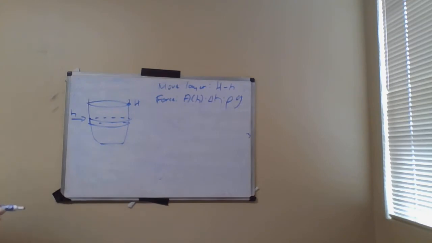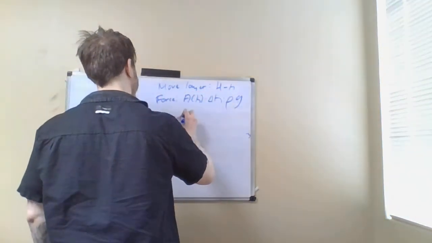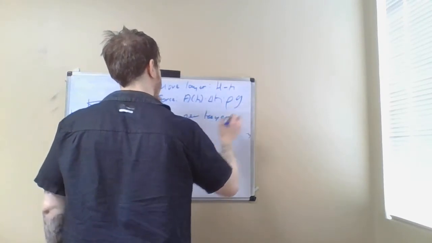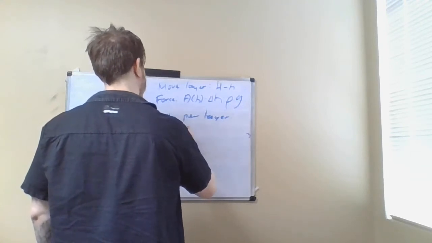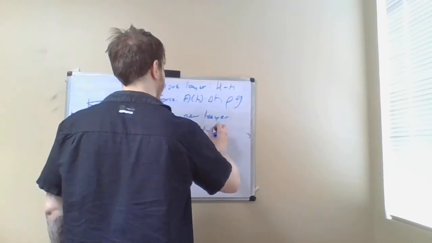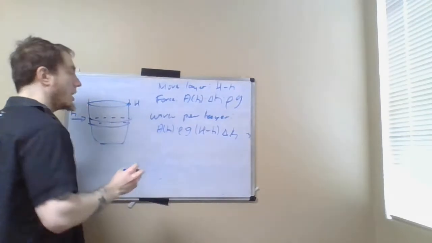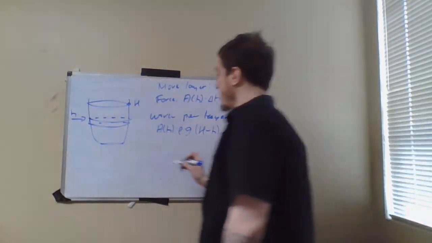And we move it this distance. So the work per layer is going to be the area times rho times g times capital H minus h times delta h. The total work is then going to come from summing these together.